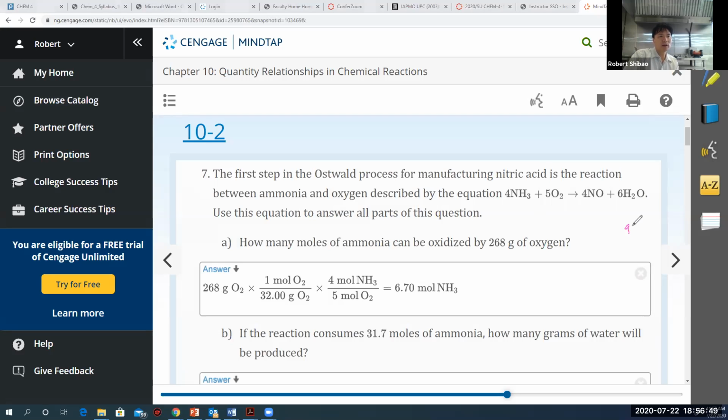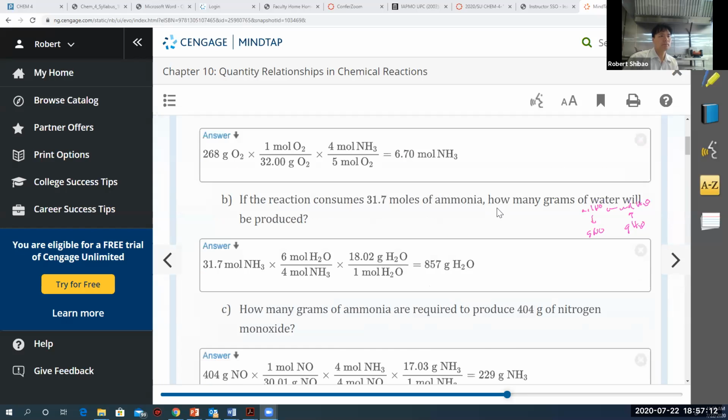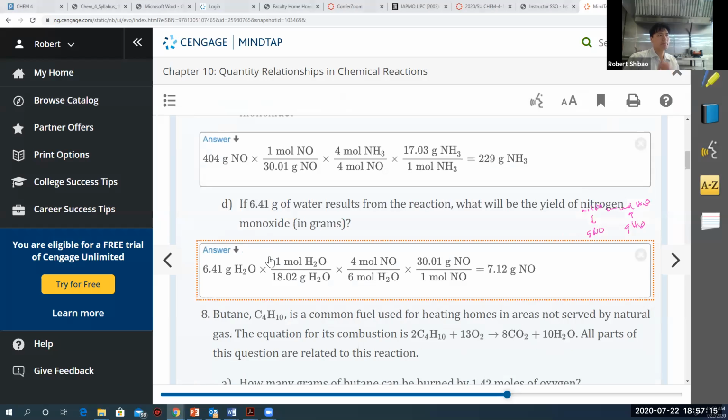And so we go from grams of H2O to moles of H2O, and then from moles of H2O to moles of NO, and then from moles of NO to grams of NO. So we're just going backwards here, figuring out in parallel how much NO is made in conjunction with the water. So grams of water to moles of water to moles of NO to grams of NO.